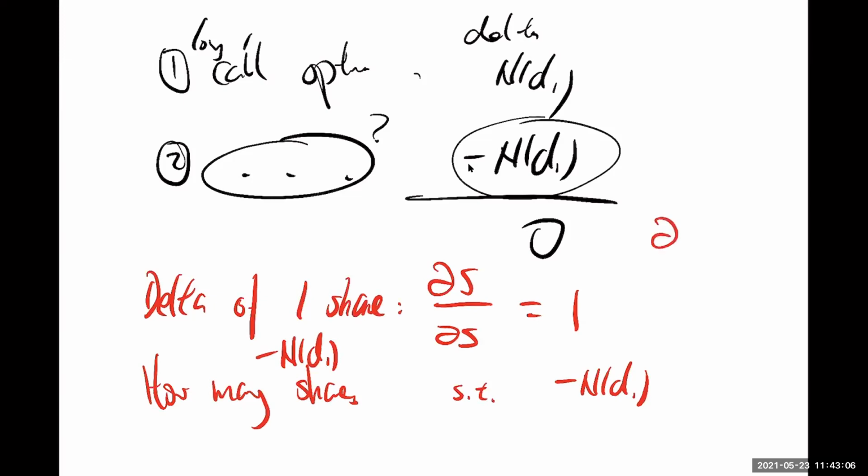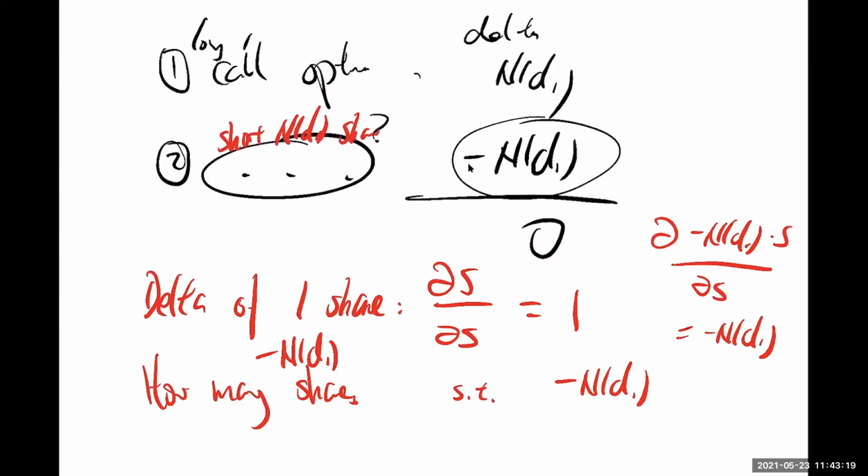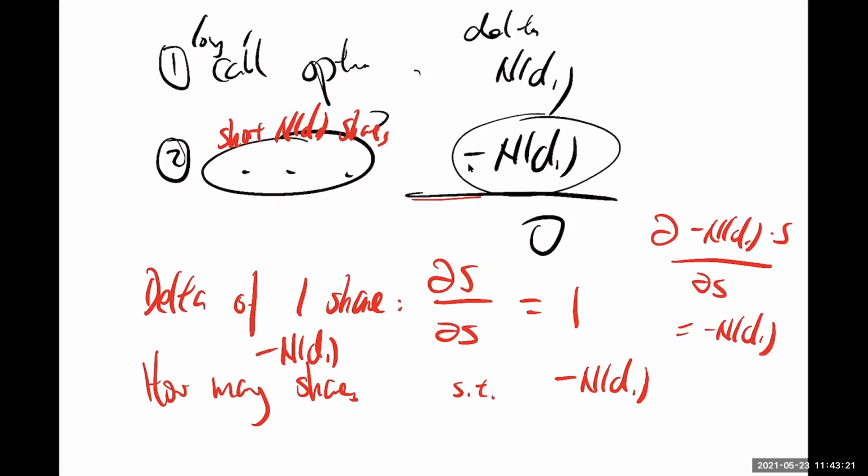So what we're doing here is shorting N(d1) shares to create a delta neutral position. And that's it. That's what delta neutral means. Delta hedging. If you understand that, you can just keep reading the lecture slides.